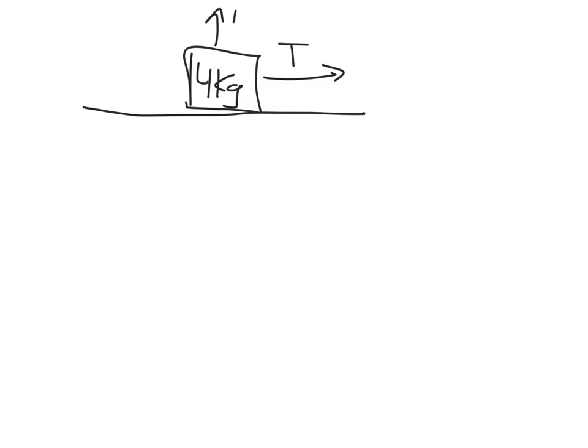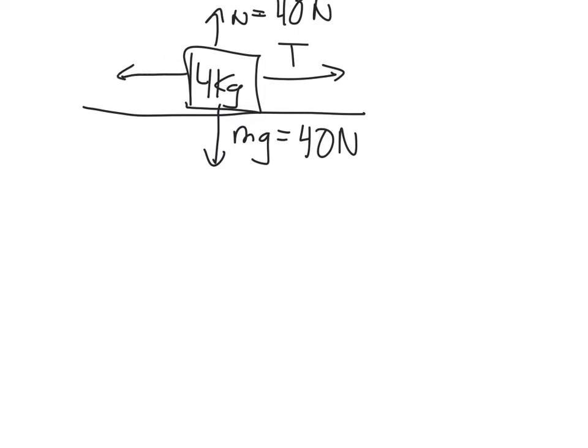A normal force, and this is a very similar box to what we've seen before, and we've got some mg, and that's going to be 40 newtons, which means that our normal force is also 40 newtons, because we're not accelerating up or down into the table or off of the table, just like we saw in the previous video. And then we'll also have some force of friction.